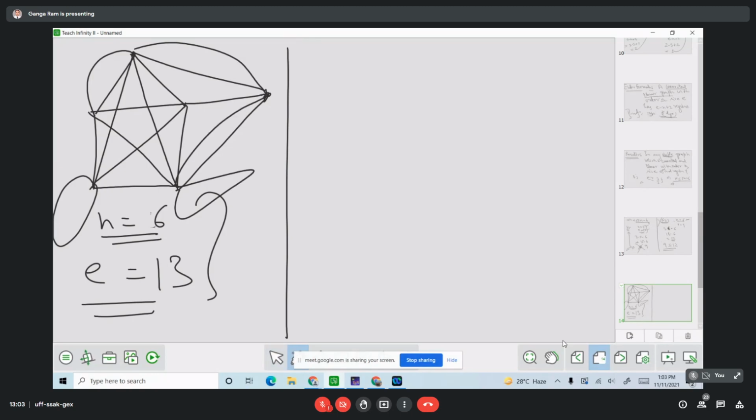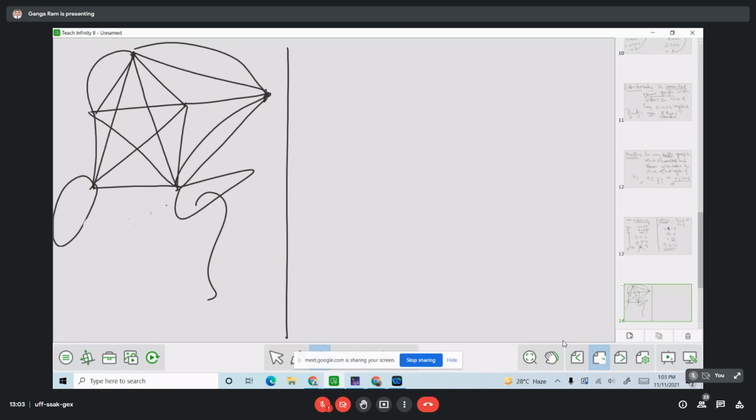I think in this case, size will be greater than 13, and order will be the same. But I have created self loops and parallel edges in this graph.